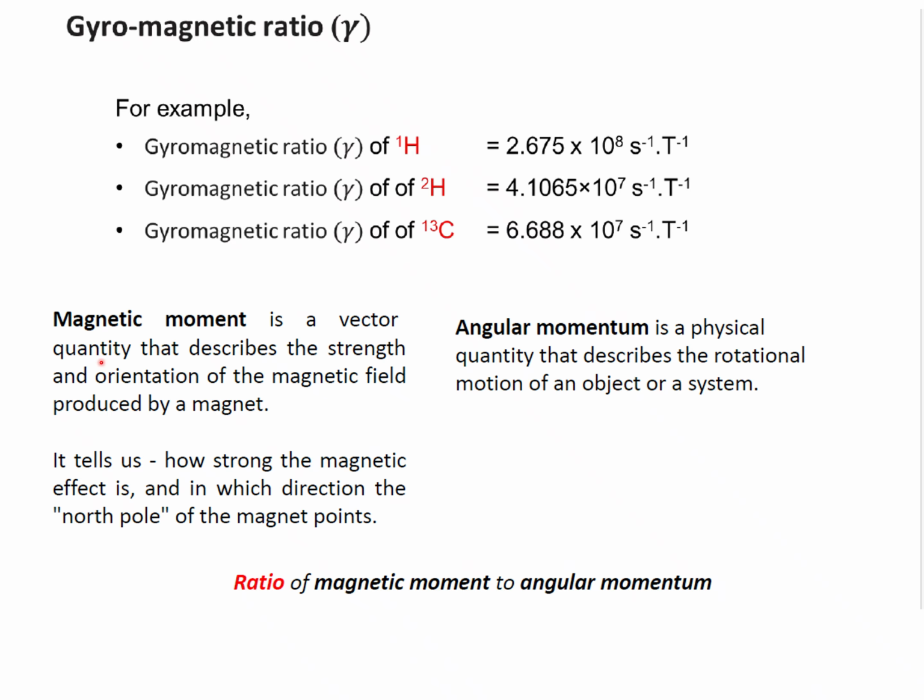Magnetic moment is a vector quantity that describes the strength and orientation of the magnetic field produced by a magnet, and angular momentum is a physical quantity that describes the rotational motion of an object. Angular momentum is related to rotation, and magnetic moment is just the orientation and strength of the magnetic field. The gyromagnetic ratio is nothing but the ratio of the magnetic moment to the angular momentum. So their ratio is known as the gyromagnetic ratio.